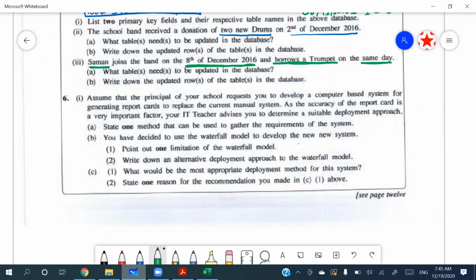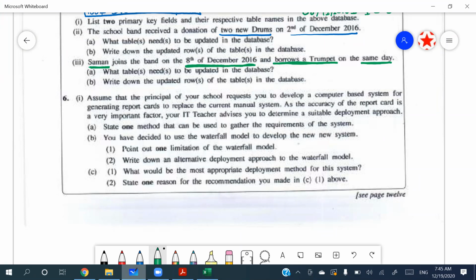It says you have decided to use the waterfall model to develop the new system. Point out one limitation of the waterfall model.